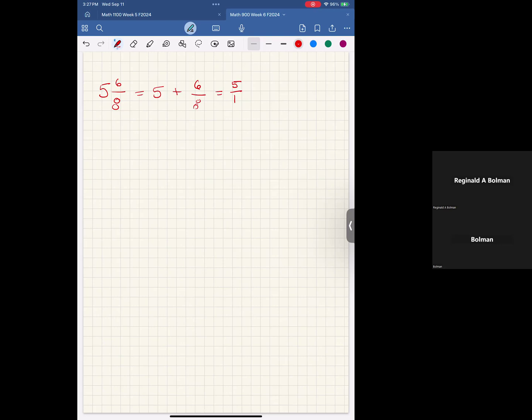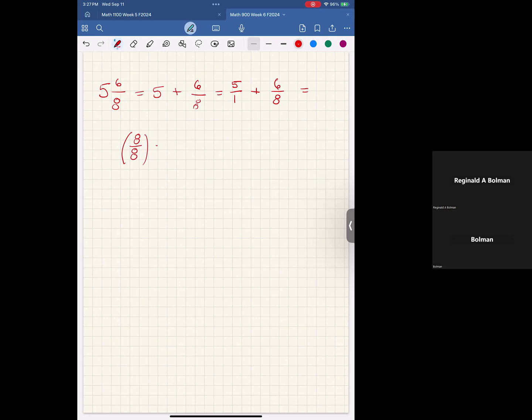So 5 is the same thing as 5/1. And now you have an addition of fractions problem. Anytime we're adding a fraction with a denominator of 1 with another fraction, and we want to find a common denominator, we know that the LCM technique is probably going to be the fastest way to accomplish that task.